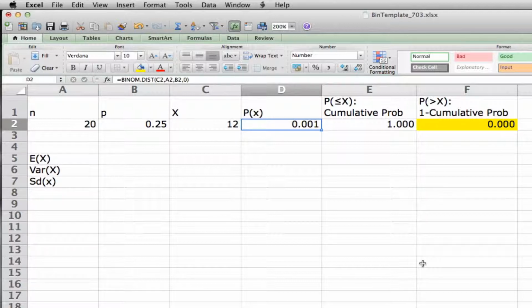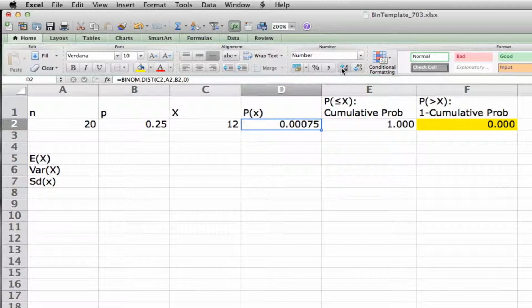So that means this is a highly unlikely event, which means we would doubt the likelihood. In fact, if we go back here, it's like 8 out of 10,000, or 75 out of 100,000 chance that could really happen. So it's a very highly unlikely event.